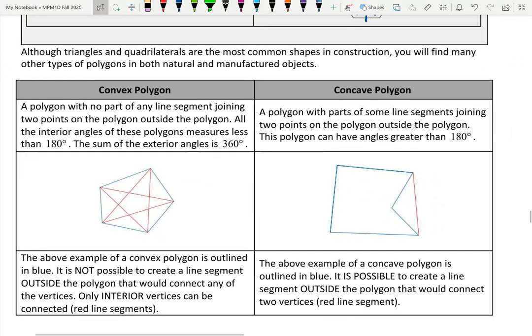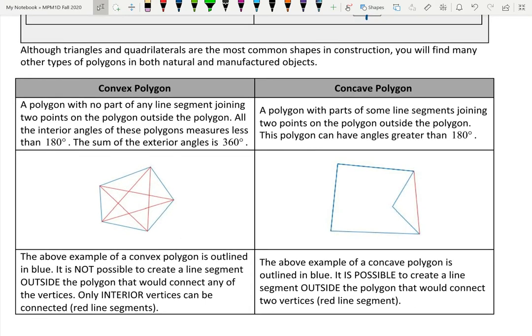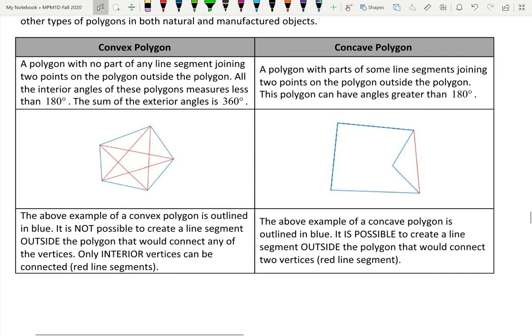Although triangles and quadrilaterals are the most common shapes in construction, you will find many other types of polygons in both natural and manufactured objects. There are 2 types of polygons, a convex polygon and a concave polygon. The convex polygon is here, outlined in blue.